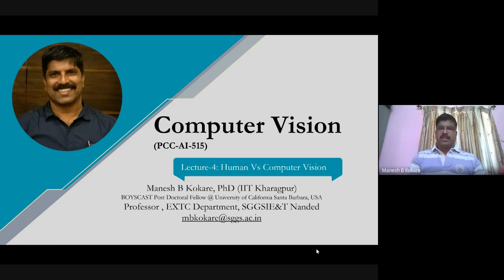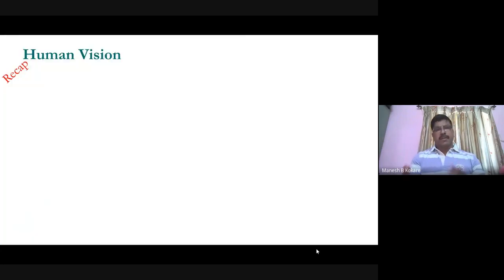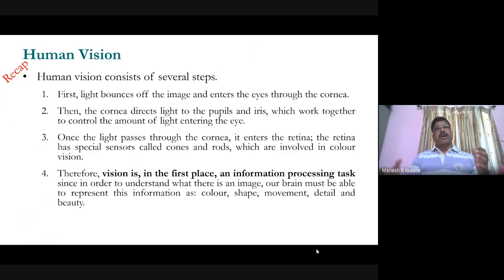So let us start with the revision, or recap, of our earlier lecture. I talked about how the human vision system works. It consists of several steps. Light from the source falls on the object, and the object reflects that light back towards our eyes.